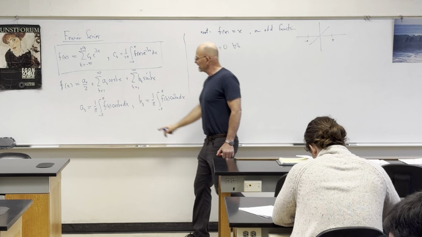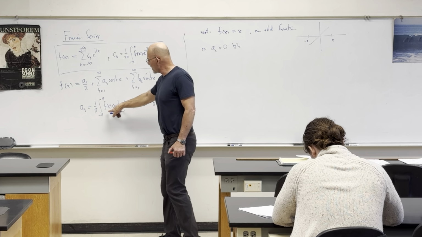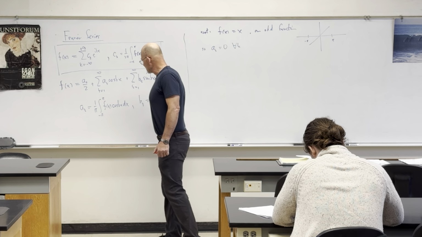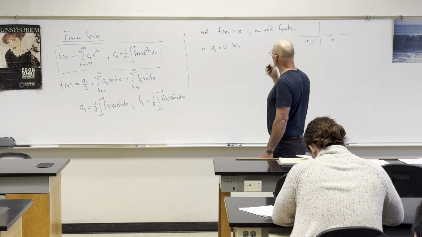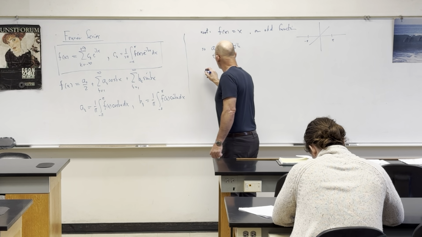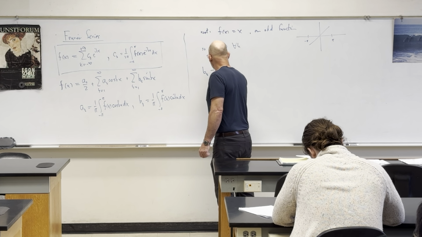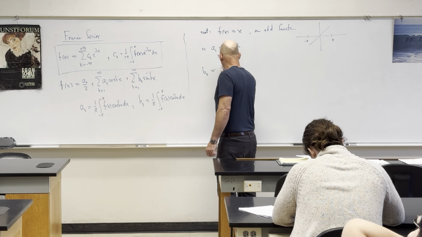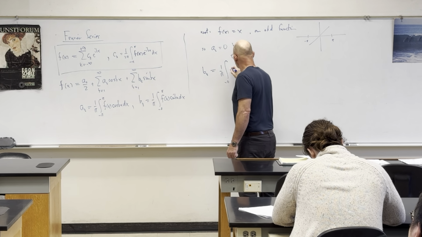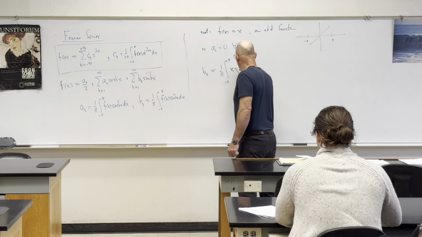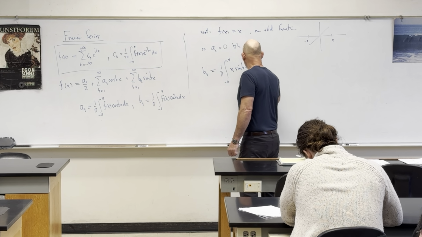Cosine is even, f is odd, the product is odd, and the integral therefore vanishes for all the a's. So the b sub k's, which is all we need to have, are 1 over pi times the integral from minus pi to pi of x sine kx dx.